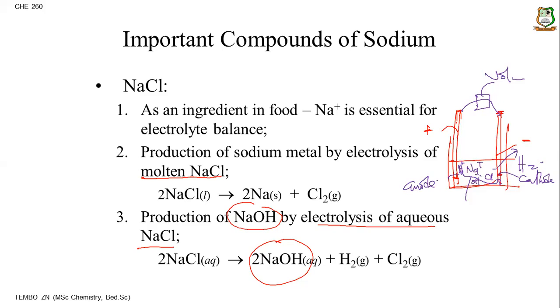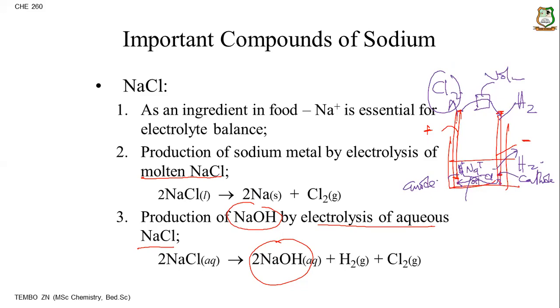Then the chloride ions also, between the hydroxide ions and the chloride ions, the ones that will go to the anode faster are the chloride ions, so that chlorine is going to be produced as chlorine gas this side. So on the cathode, we are producing hydrogen gas. On the anode, we are producing chlorine gas.